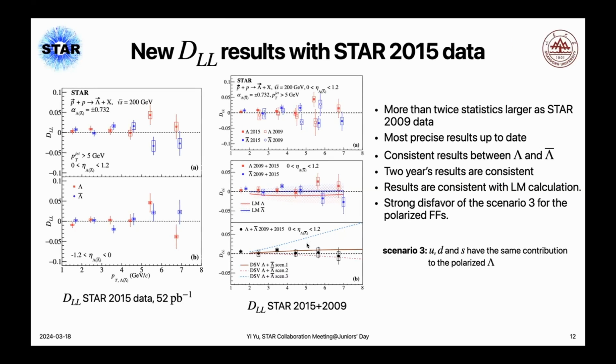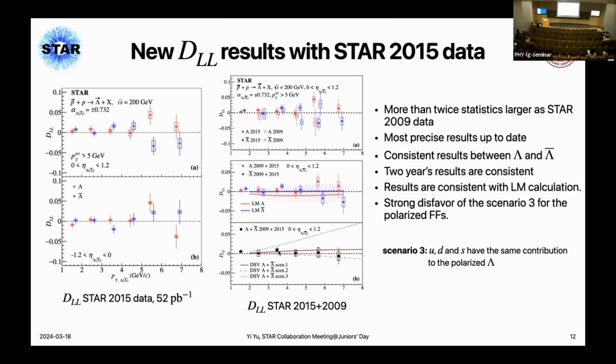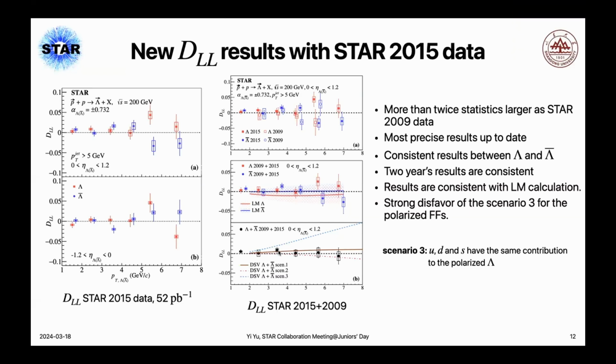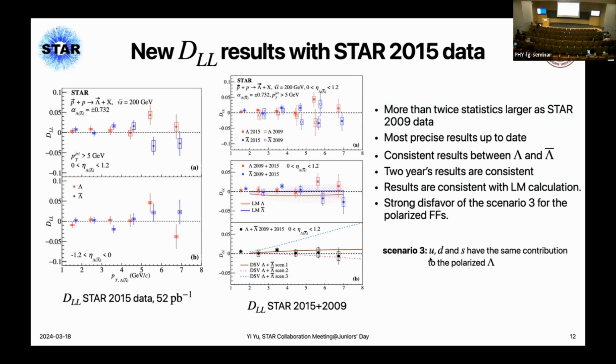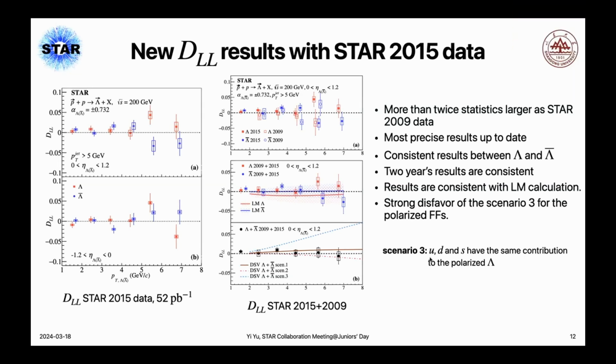And in the bottom panel, we combine the results between the 2 years and between lambda and anti-lambda, and we found that our result strongly disfavors one scenario of the polarized fragmentation functions, which is the third scenario. This scenario assumes that u, d, and s have the same contribution to the lambda polarization.